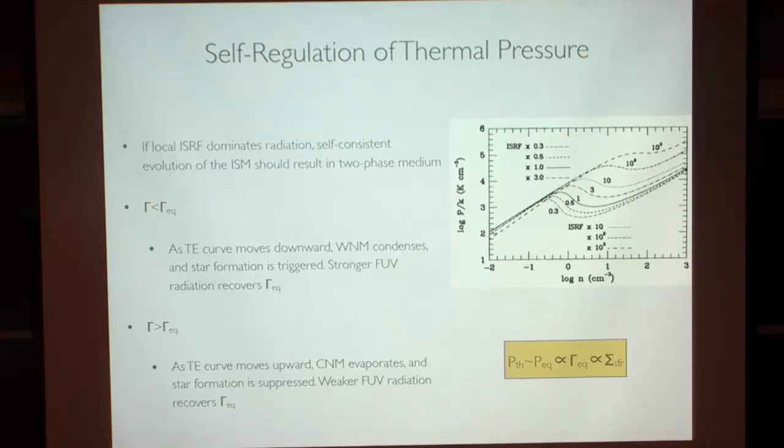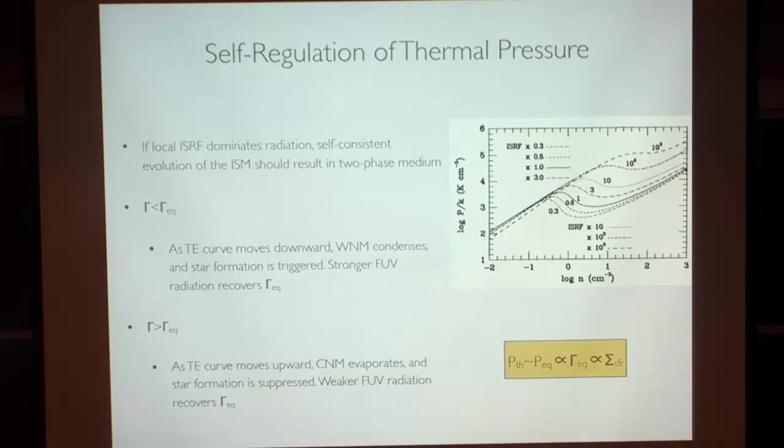And the opposite is also true. So when we have some equilibrium, due to this kind of self-regulation process, we always expect a certain pressure that will fall within this pressure range, and that will form a cold and warm neutral medium, even if there is no additional source of radiation or source of compression or anything else.